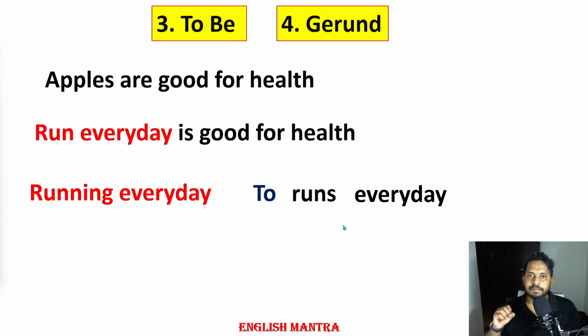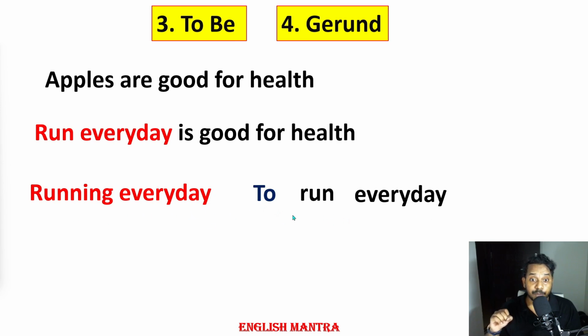But there is a problem. After an infinitive, the verb next to it must be in its base form, I mean its V1 form. Here runs is third person singular, I mean V5. It is not V1. So change that runs to run. To run every day. Now running every day and to run every day, they both can work as a noun.